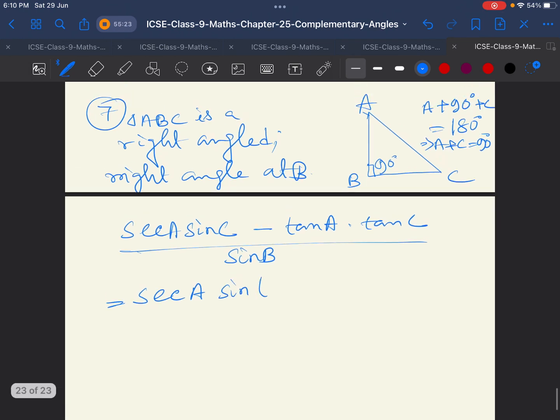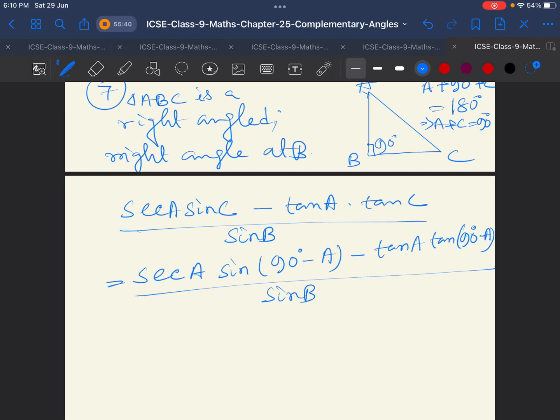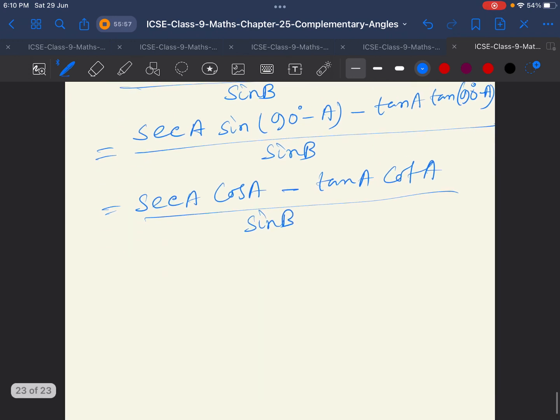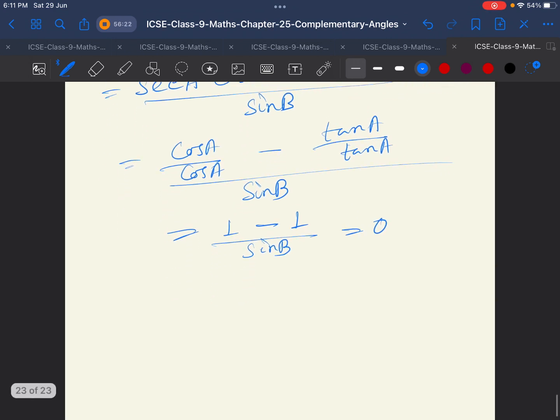So sine of C is sine of 90 minus A, which is cos A, and tan C is tan of 90 minus A, which is cot A. So sec A, which is 1 by cos A, gives cos A by cos A minus tan A times cot A, which is tan A times 1 by tan A, so this is 1. So 1 minus 1 by sine B is 0.